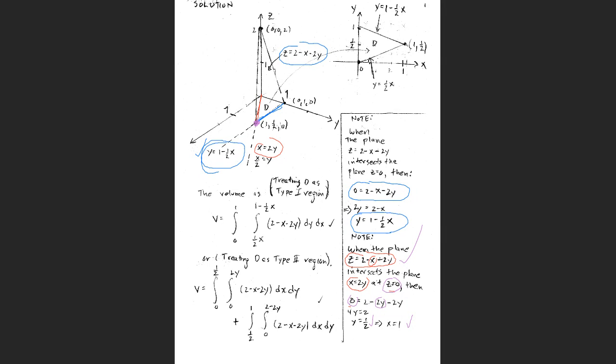Okay. Now, the other point of intersection, 0, 1, 0, makes perfect sense, because when z equals 0 and y equals 1, maybe I'll write it in here.